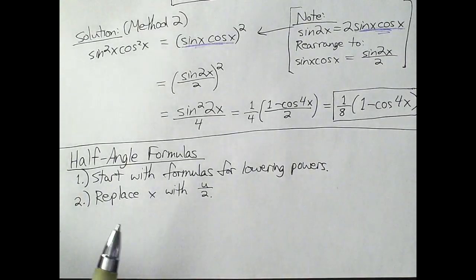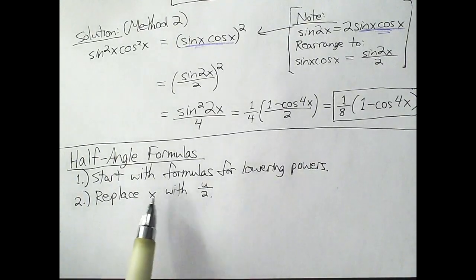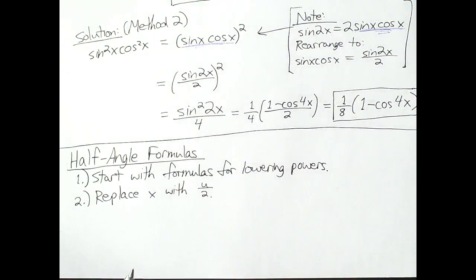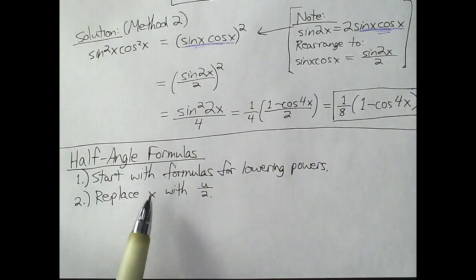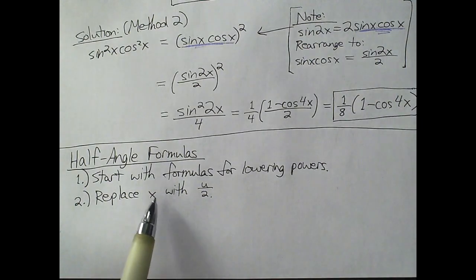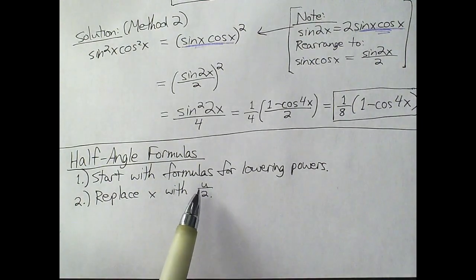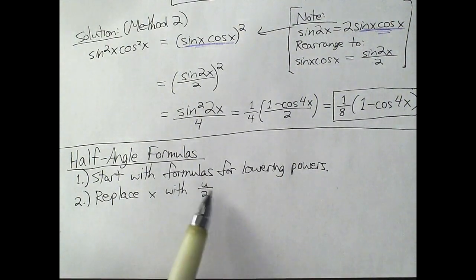Now, are we allowed to just take an identity and replace a variable with something else? Well, the answer is yes, because identities are true for all values in the domain. So whatever angle x is, you could just define u so that x is equal to u over 2.